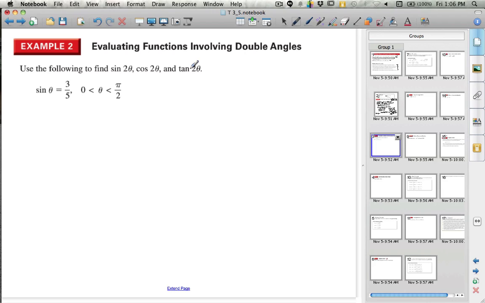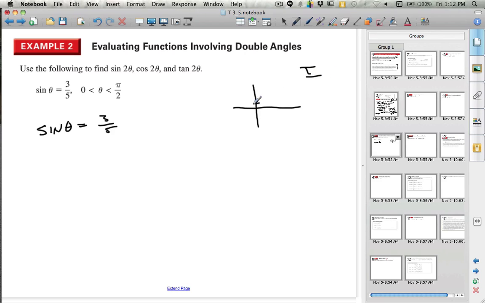So if I wanted to rewrite this, sine of theta equals 3/5. So if I take my values here for sine, this would of course be the side opposite and the hypotenuse. And it tells me between 0 and pi over 2, so that's here in quadrant 1.